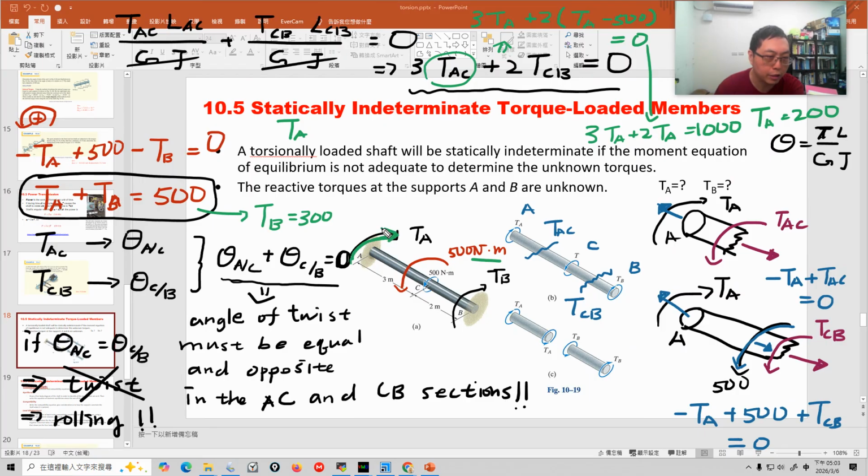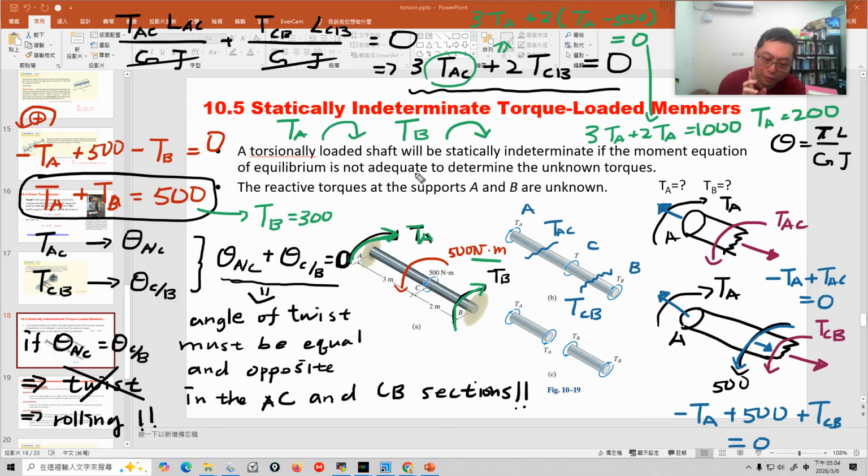And the value is positive. That means TA really rotates in this way. Also TB, what's the real direction for TB? Initially we assume TB is rotating in this way, and we get a positive value. That means it really rotates in this direction. So you see for this problem, at the very beginning I said you can assume any direction you want.